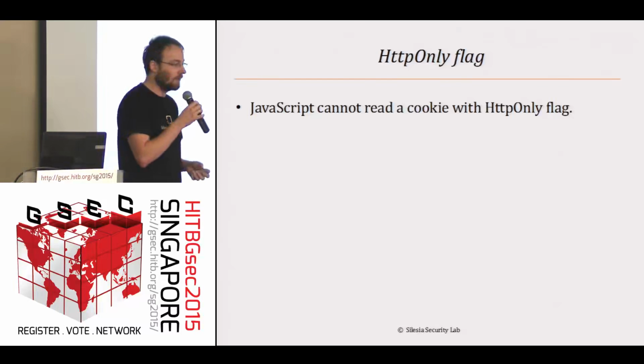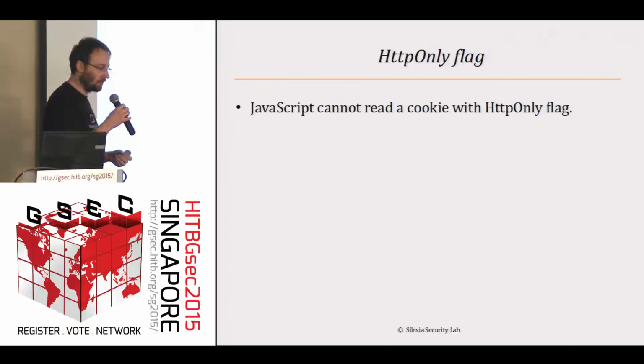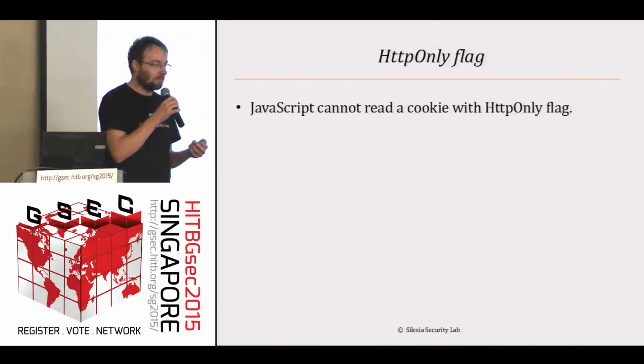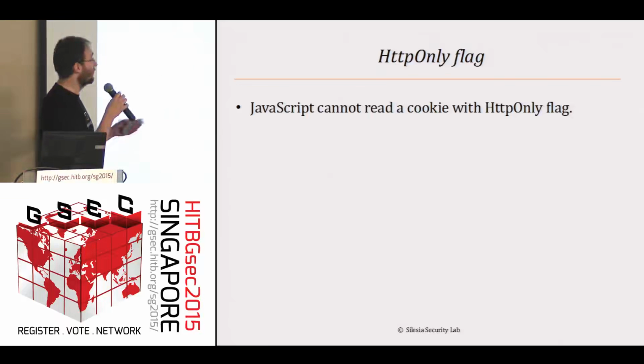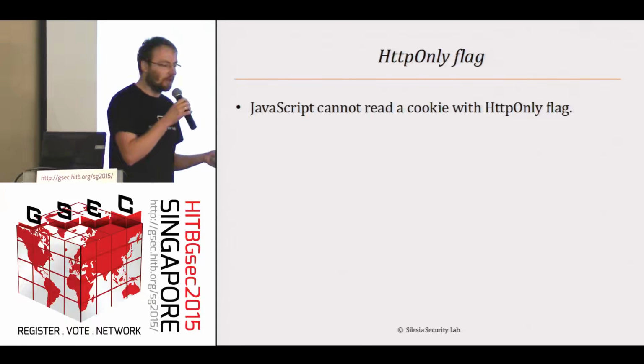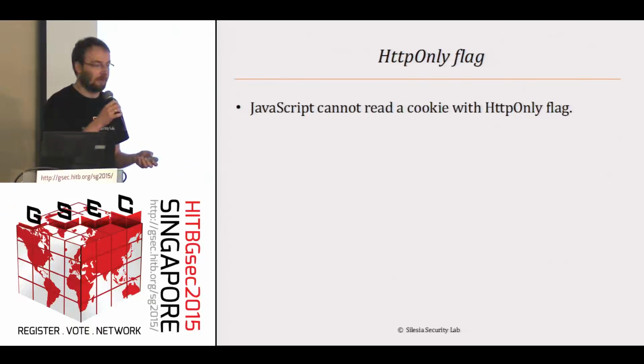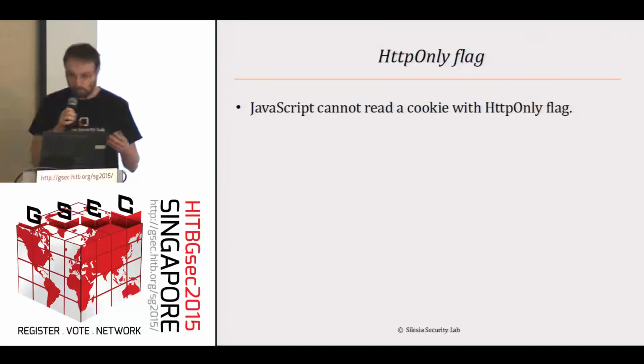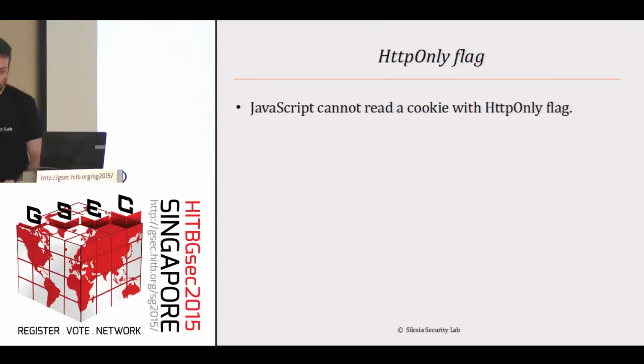The game is over. That's why the HTTP-only flag was introduced in the past, so that when an XSS attack occurs, JavaScript cannot read a cookie with the HTTP-only flag. That's the reason. In general, a non-HTTP API cannot read a cookie with the HTTP-only flag. That's the reason for introducing this.